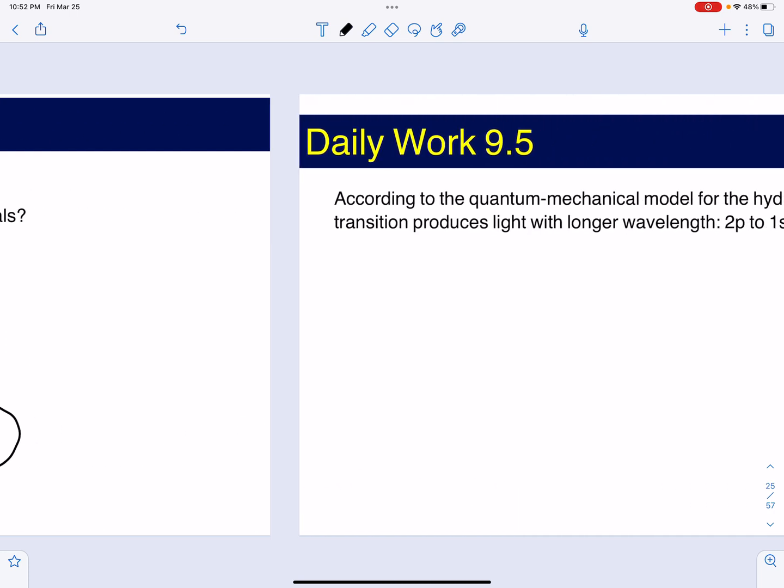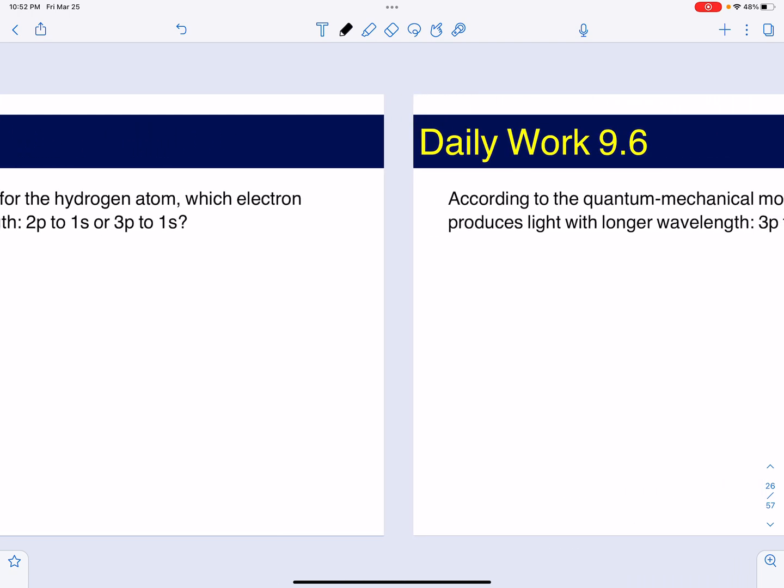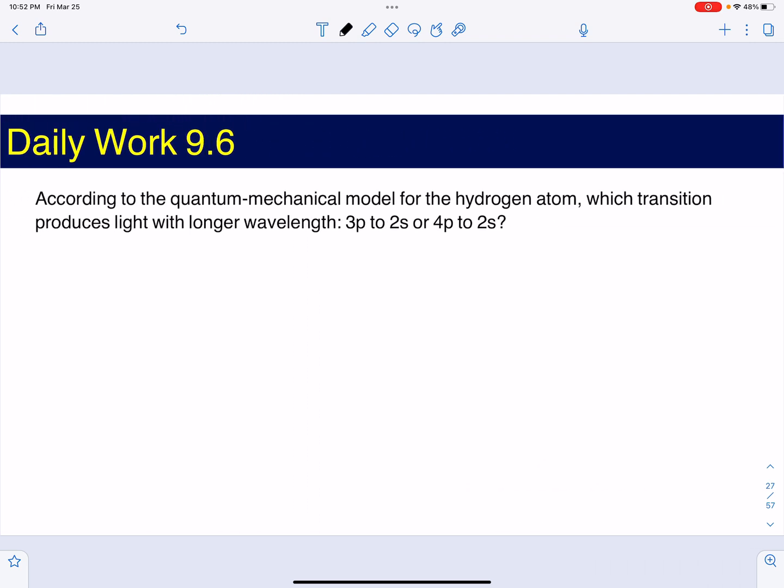So with that said, you should be able to answer this question, connecting everything you have learned so far. And you should also be able to answer this question.